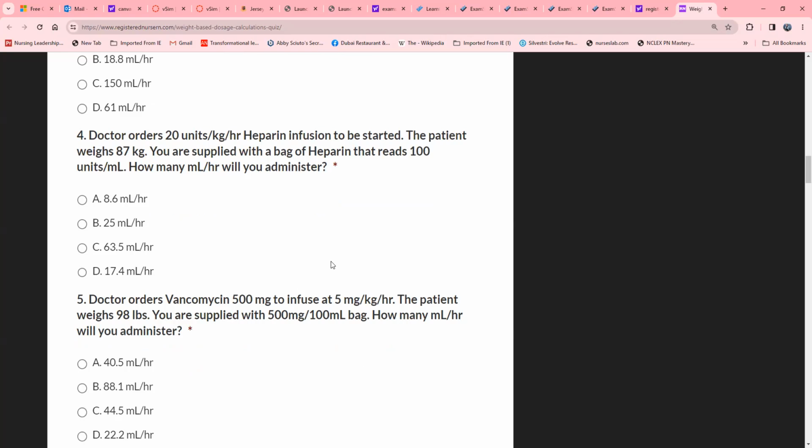So now, it says that you're ordered 20 units per kilogram per hour. So what's your step here? You're going to take your 20 units, your patient's weight, and then you have on hand 100 units per ml.